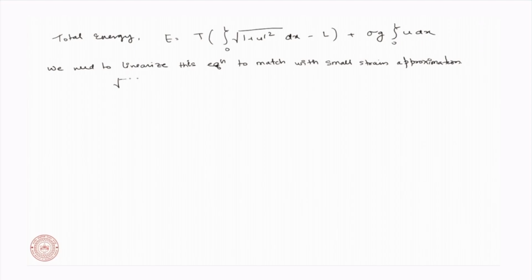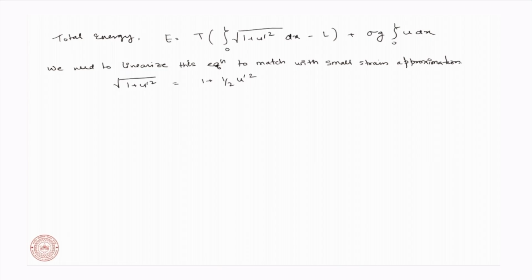However, we did not take that, we have taken the small strain or the infinitesimal strain, and likewise we can also linearize this expression. So, the square root of 1 plus u prime square, that is du by dx square, we can make it 1 plus 1 by 2 of u prime. Okay. So, this is a linearization approximation, whole square of this.